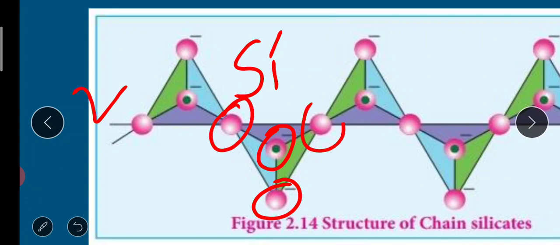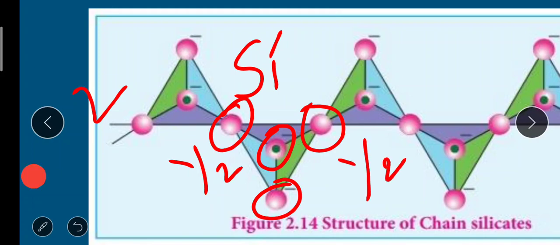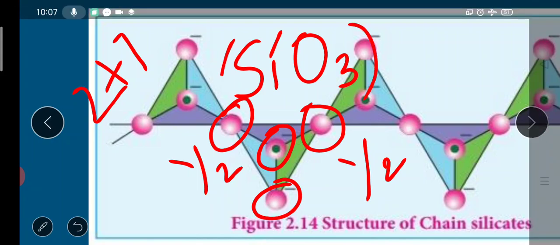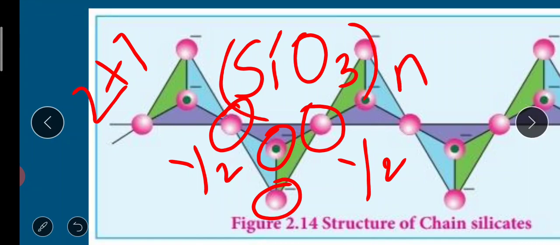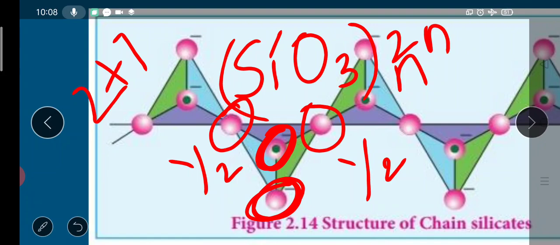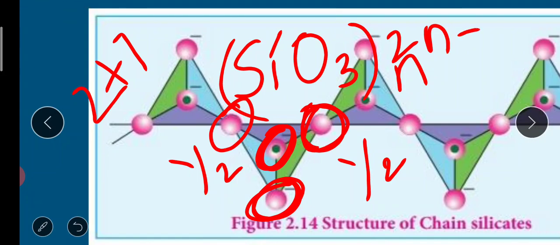Since both of these oxygens are shared, you consider them as half. So 2 plus 1 will be 3. So SiO3, with n number of units: (SiO3)n. And for the charge, you have one charge at the center and here one charge, so 2n minus, because the shared oxygens will not carry any charge. So the formula is SiO3 n times and the charge is 2n minus.